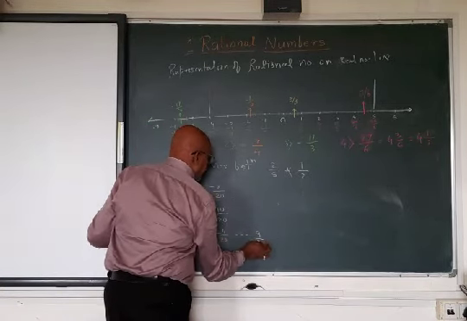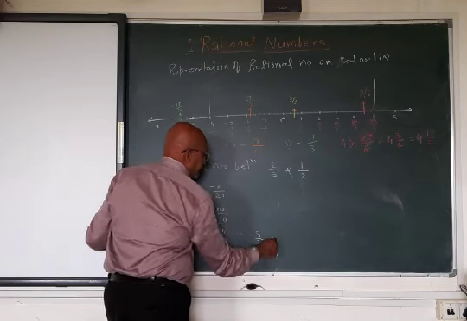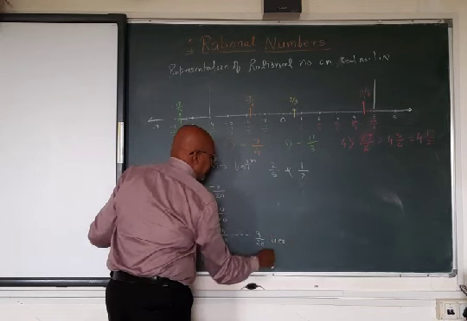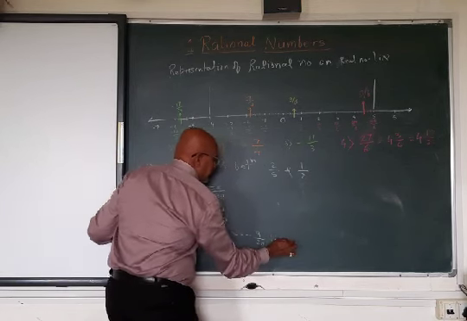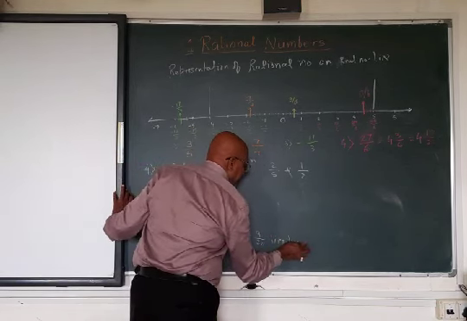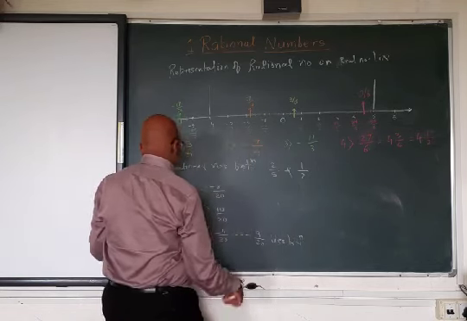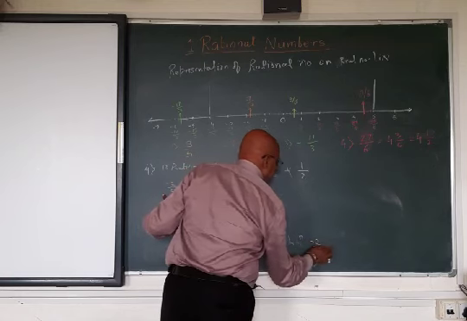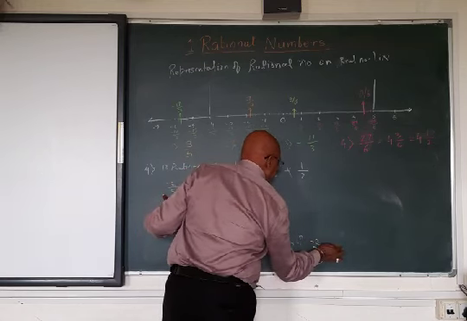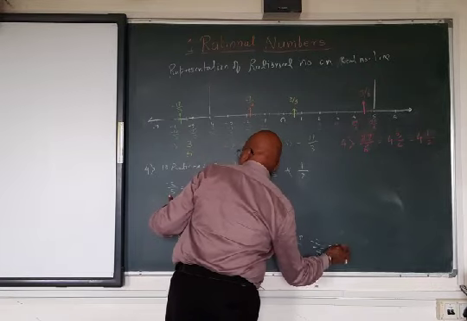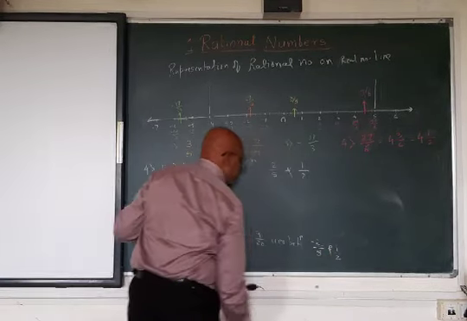9 upon 20 lies between minus 2 by 5 and 1 by 2.